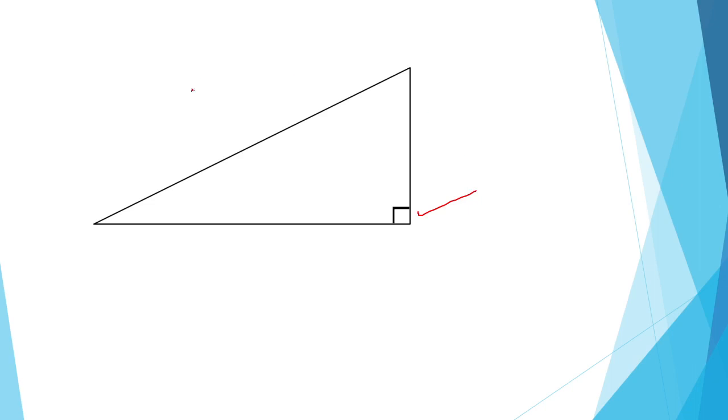Now let us give name to this triangle A, B, C. What is hypotenuse generally? The side opposite to right angle. AC is opposite to B, so AC is hypotenuse.